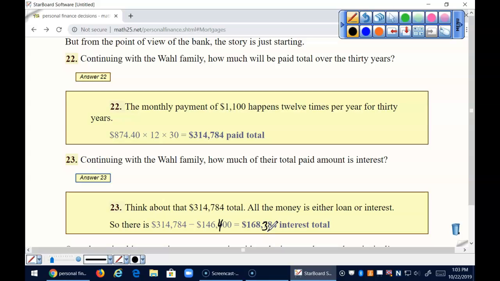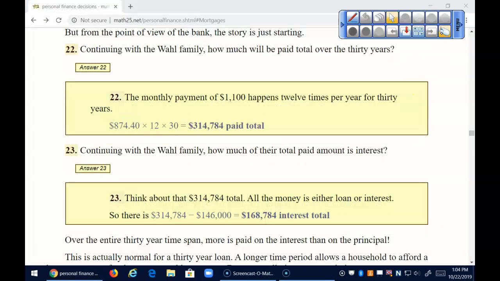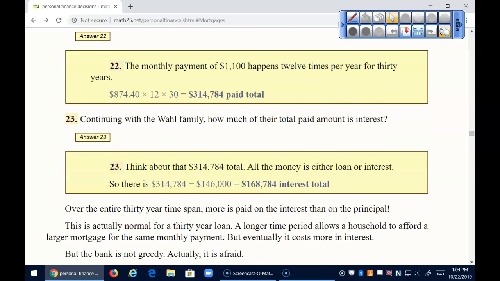So 168,384 of the mortgage is interest. Actually, that's more, so they more than doubled it. Doing my mental math bad. Okay, we can subtract, not a big deal.